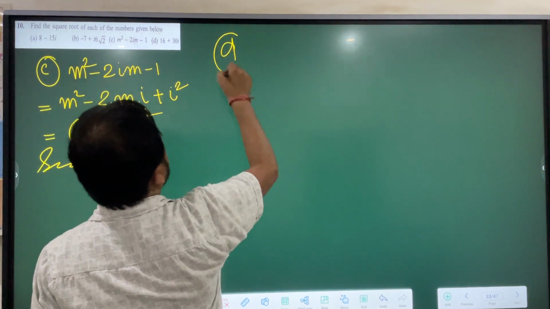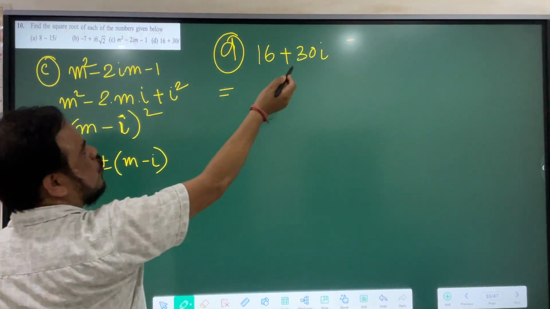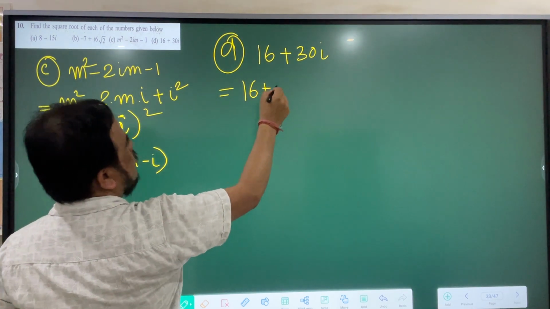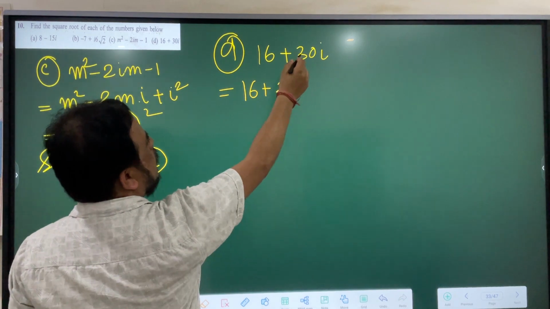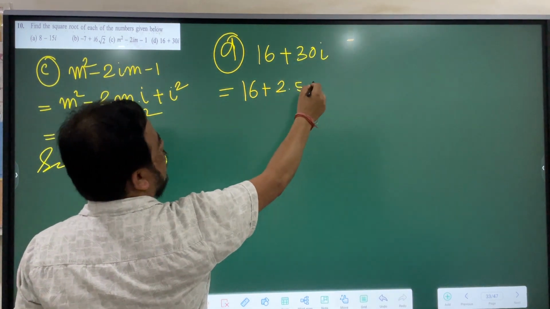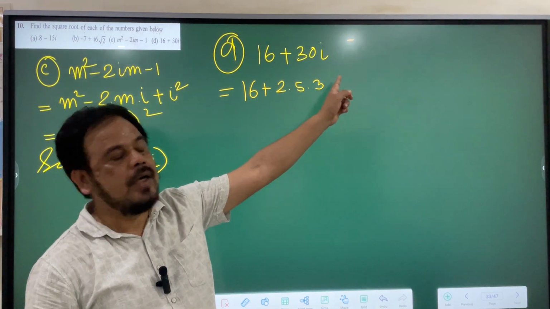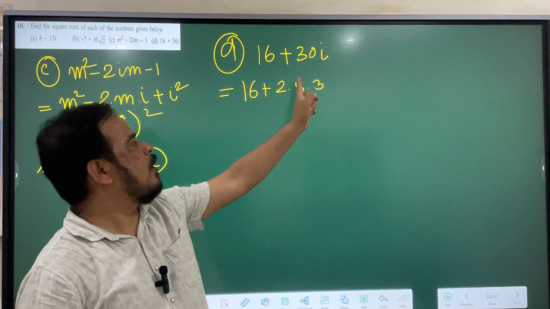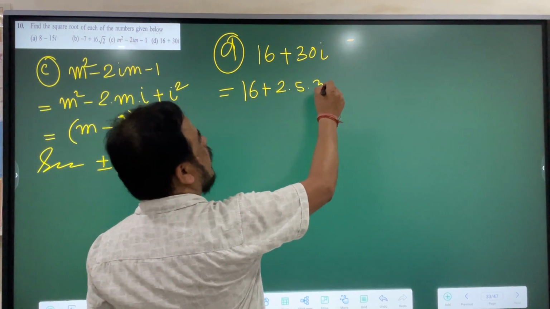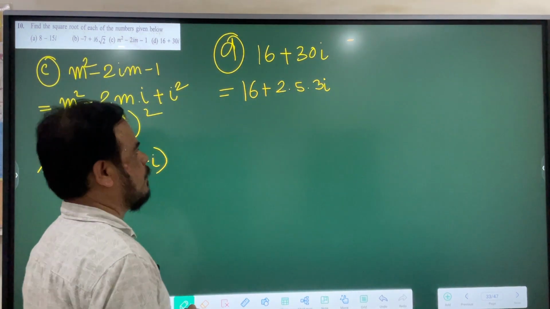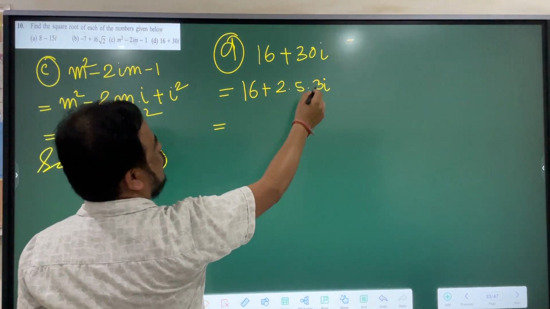16 plus 30i, number D. So here also half into 2, no need to do. 16 plus 2ab, 2 into 15, now 5 into 3. Now the question is i. We will keep i for 5 or 3. Since there is a positive number, i will be taken for the smaller number. So 2 into 5 is 10, 10 into 3 is 30i.